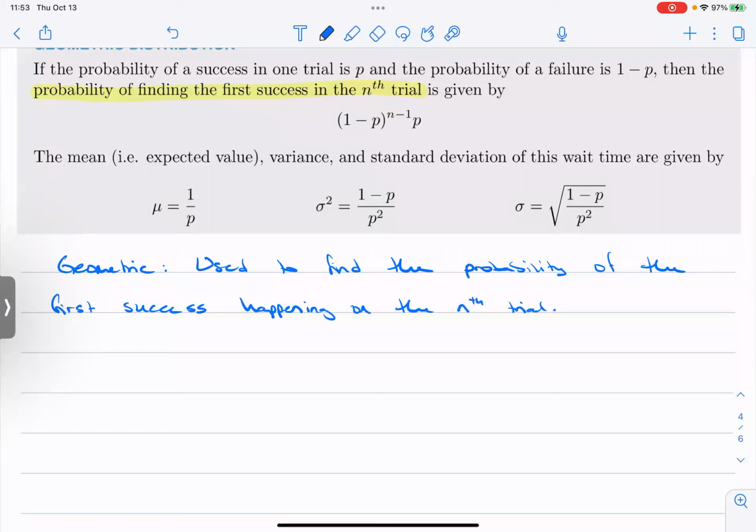For example, if you roll a die 5 times, what's the probability that the first time you see a 1, if a 1 is a success, is on the 5th trial? How would you solve that? You've got the tools, but it's been a while.